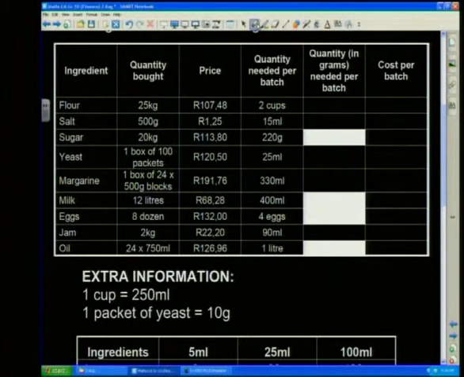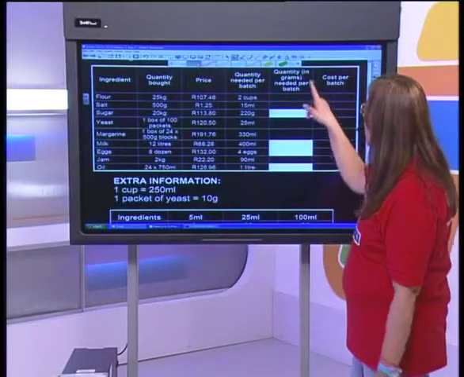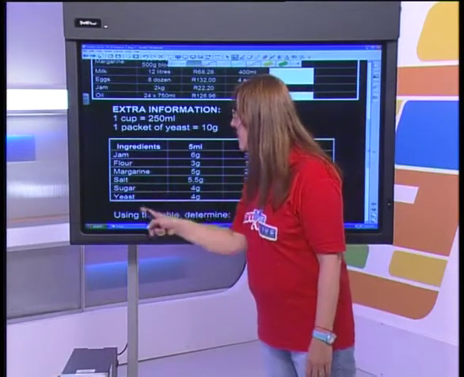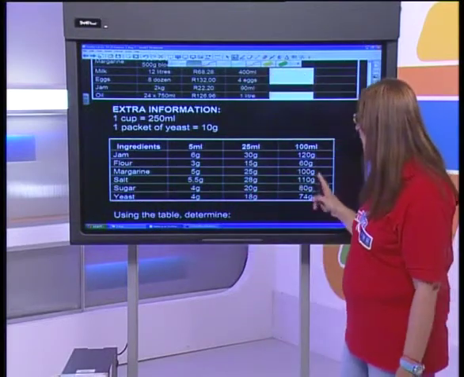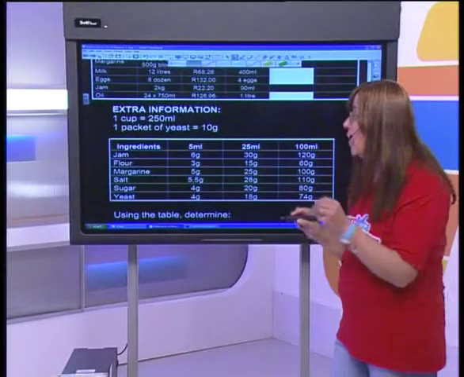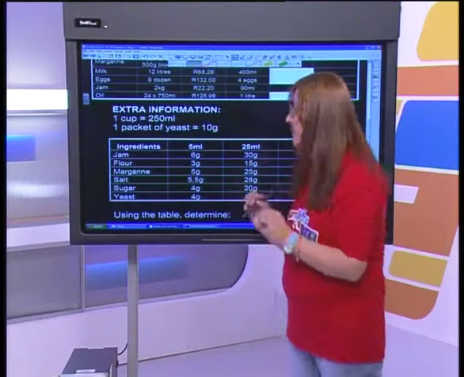So, I'm going to get, I think, my green pen. Flour, we need 2 cups. But I need to know how many grams is 2 cups. So I need to go to this table, and I need to work out flour, and I know that it's 60 grams for 100 mils. 1 cup is 250 mils.